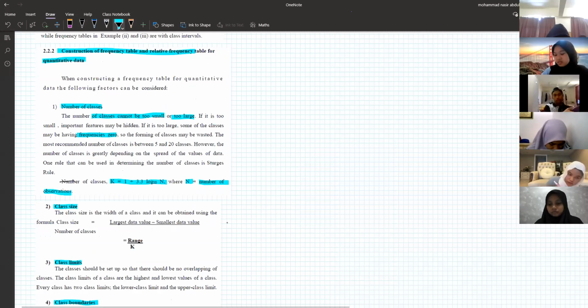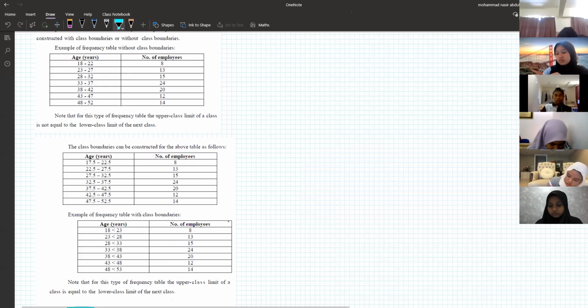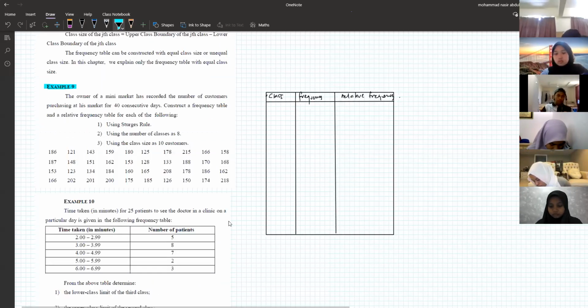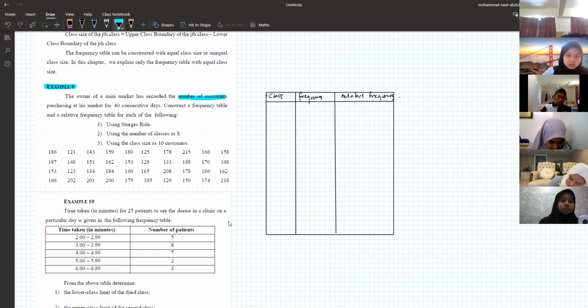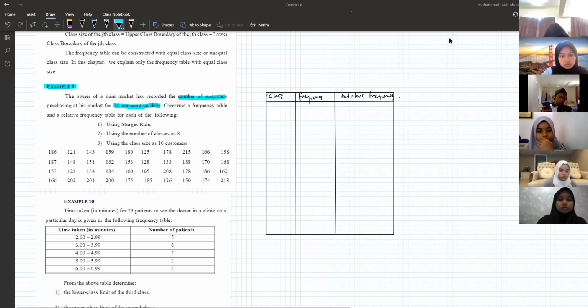So now, based on example number 9, the owner of a mini market has recorded the number of customers purchasing at his market for 40 consecutive days, right? So basically we have capital N equal to 40, right?